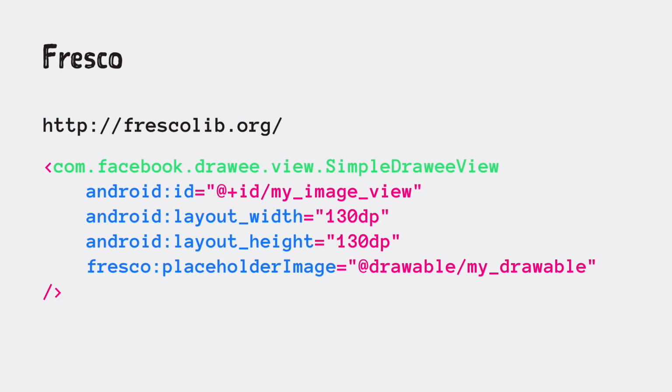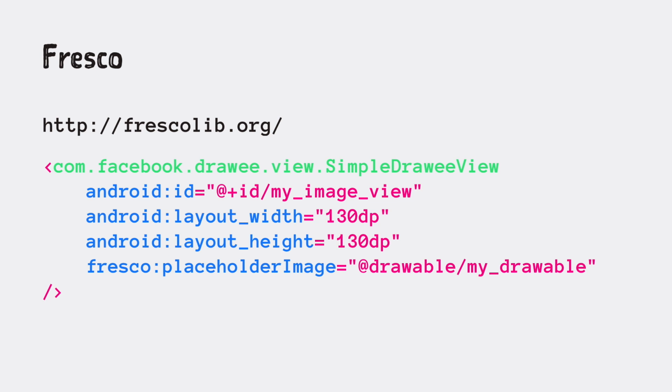And the third library that I want to mention is Fresco. Fresco is made by Facebook. And it's the only library that supports progressive JPEG. So if you want to use progressive JPEG, this is pretty much your only option. Progressive JPEG is a way to show images progressively in low network conditions, which means, say that I have a really big image and it will take a long time to download it and display it on a low network.